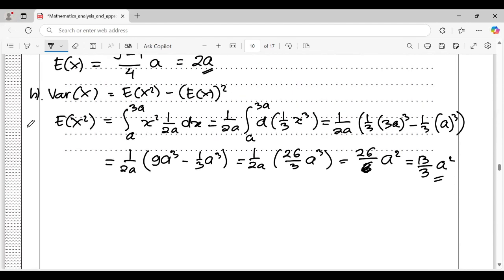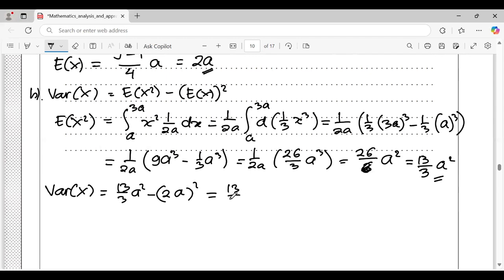So we can determine the variance of x. It is E(x squared), 13 thirds a squared, minus (E(x)) squared, which is (2a) squared, according to this formula.